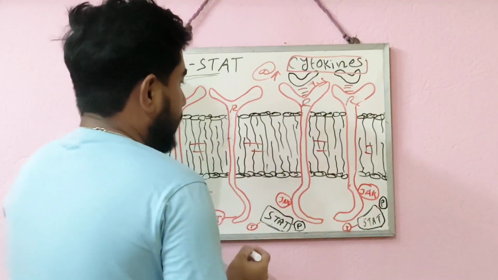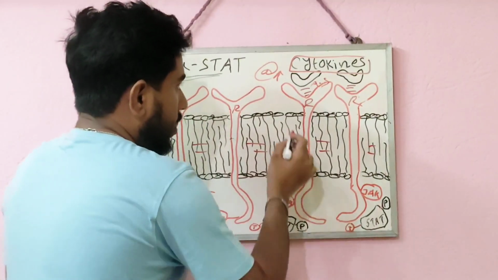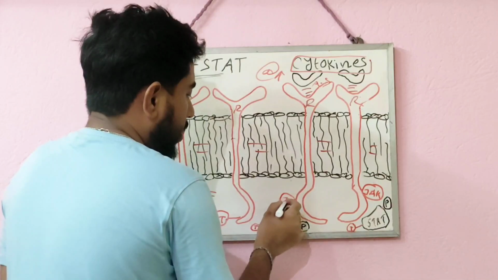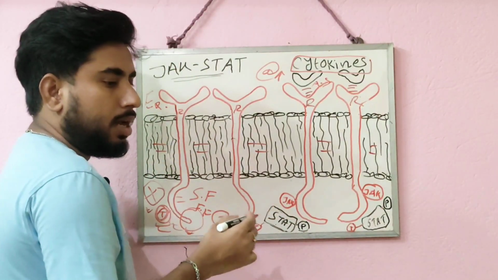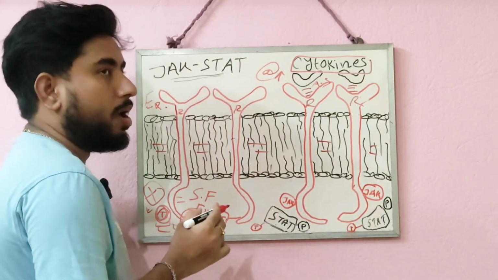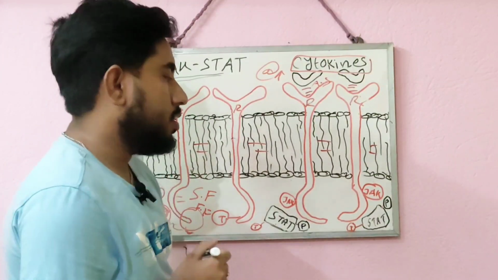So what will happen in that activated form? JAK kinase, also known as Janus kinase, is a tyrosine dependent kinase, which we have already studied in the enzyme linked receptor.